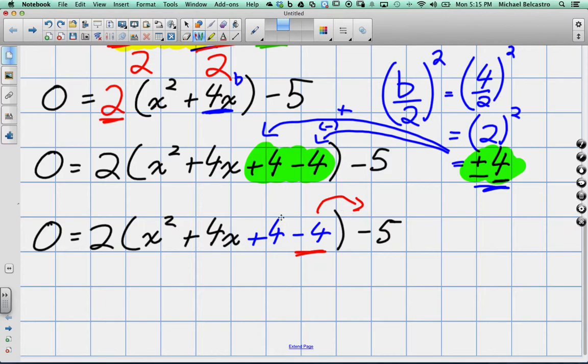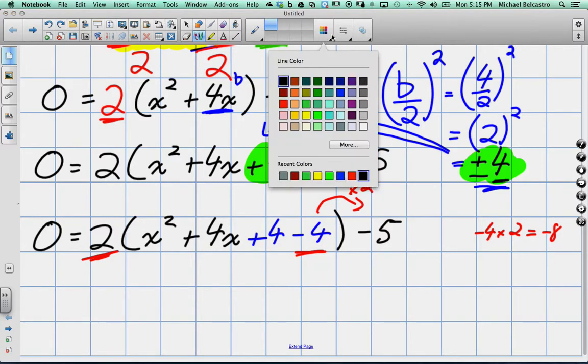In order to do that, we have to multiply by the a term. Because the a term is 2, we're taking negative 4 and multiplying it by 2. So on the side, negative 4 times 2 is going to give us negative 8. So we'll now have negative 8 on the outside of this bracket.